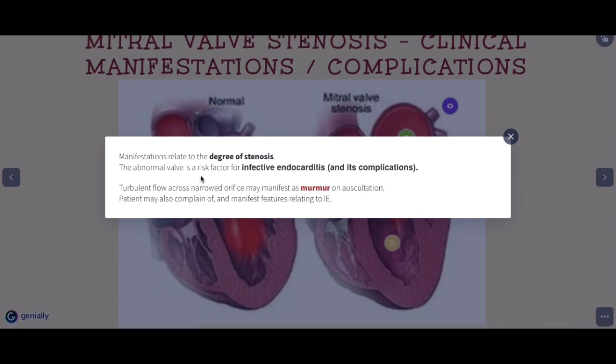One of the potential complications is the development of infective endocarditis and the subsequent complications of infective endocarditis. Because the mitral valve is narrowed, there will be turbulent flow across the narrowed orifice, and this can manifest as murmur on auscultation. If the patient develops infective endocarditis, then the patient may also present with clinical manifestations of infective endocarditis.